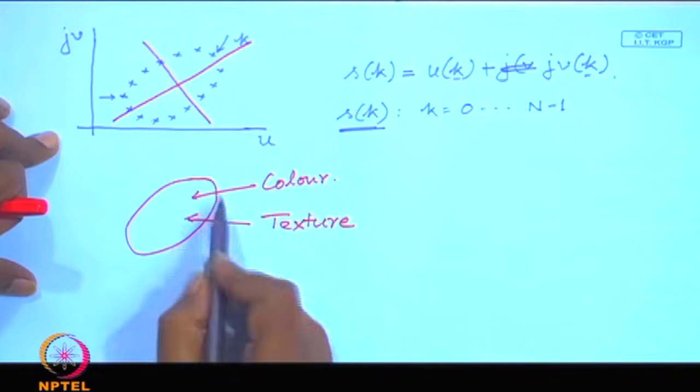So, this particular object now has different types of properties. A set of properties are computed from the boundary, a set of properties are computed using the shape information like moments, a set of properties from the color, a set of properties from the texture and so on.